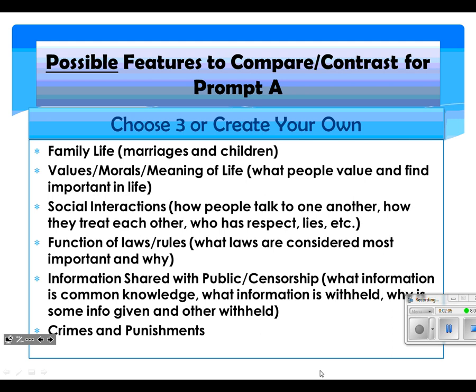So on your purple bookmark, please write down 3 out of those 6 options. Now, if you do choose the ones that are on the screen, I really doubt that you would be able to recall what the heck social interactions are. So the stuff in parentheses, you might need to abbreviate and copy that down too.